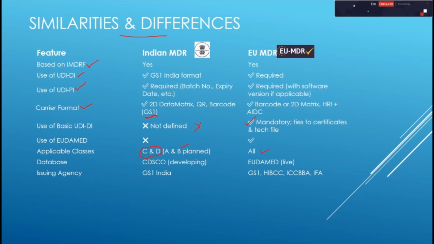The issuing agencies are GS1, HIBCC, and ICCBBA in the case of EU MDR, and Indian MDR follows the GS1 India portal only. For example, a manufacturer exporting to both India and EU must follow full EUDAMED submission with a Basic UDI-DI, but can delay CDSCO submission for class B products.